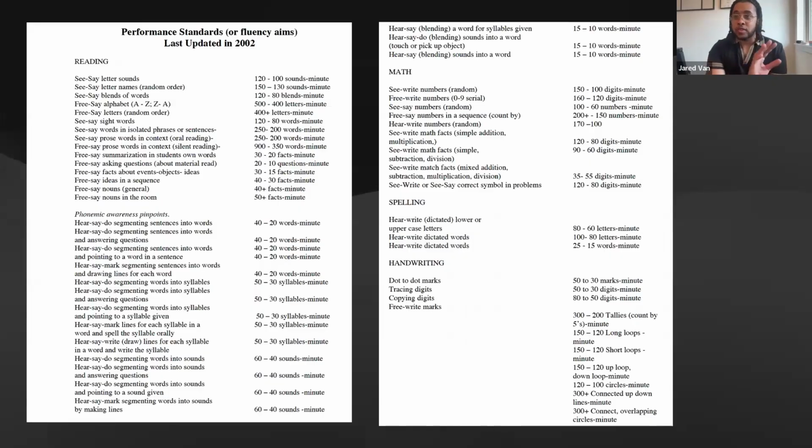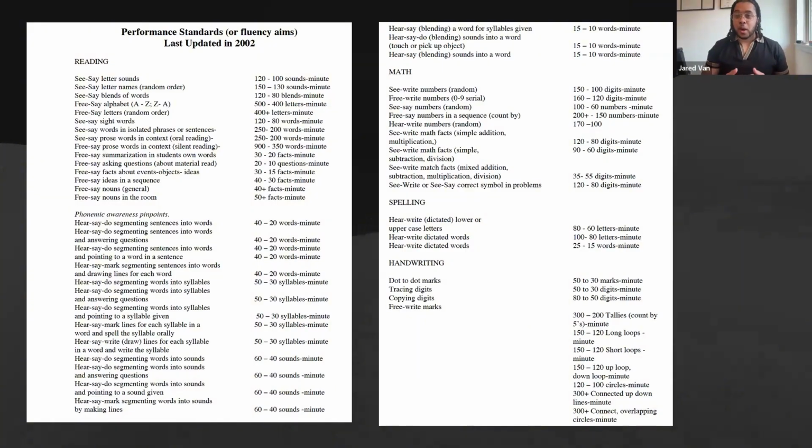Now, one thing that was able to be done by Kubina was he was able to detect and find fluency aims. These are standards for individuals to be able to have the basic foundation for them to be able to apply more difficult behavior on top of it. So, for instance, see, say letter sounds 120 to 100 sounds per minute, which we put the bigger number first because we want our students to reach to the top.